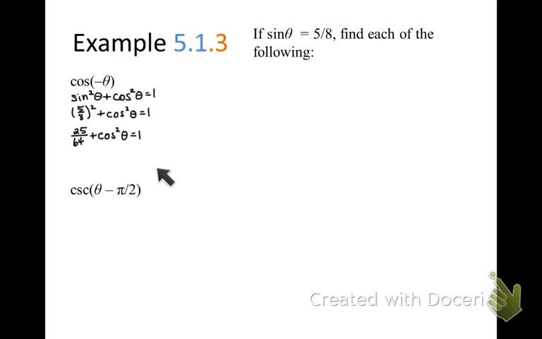So when I subtract my 25/64 from a full 1, how many 64ths are left? 39. Good. So I'll have cosine squared of theta equals 39.